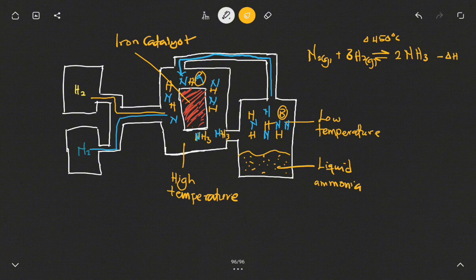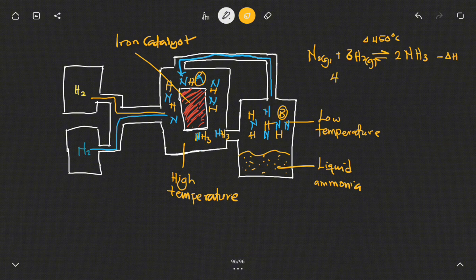And what happens to the pressure? All right, according to Le Chatelier's principle, when we put pressure on a reaction that involves gases, equilibrium actually shifts to the side with a lesser number of moles. So in this reaction, if you look at the reactant side, we have 1 mole of nitrogen gas, 3 moles of hydrogen gas, which is giving us a total of 4.